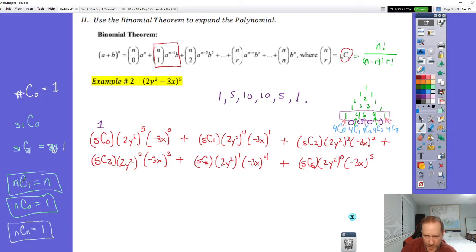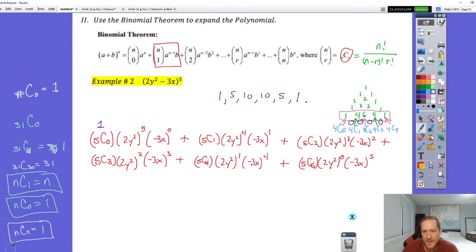N choose 1, that is analogous to what? 31 choose 30. So how many ways could you do that? You could do it 31 different ways, because picking 30 is analogous to leaving 1 behind. If I said pick 30, you go, give me everything but the rum raisin. Rum raisin is disgusting. So 31 choose 30 is the same as 30 choose 1.